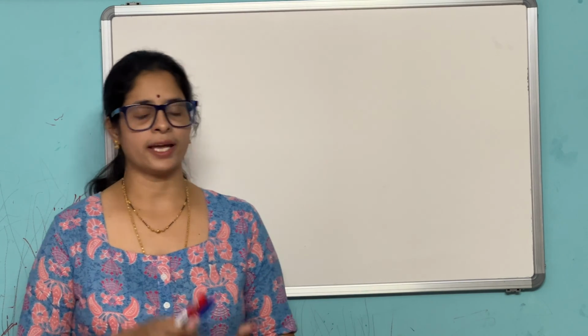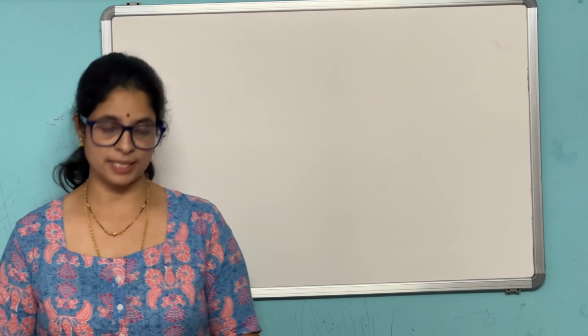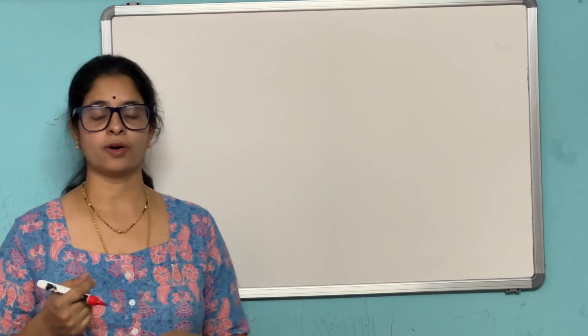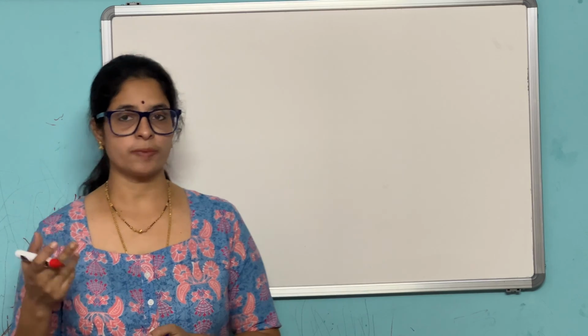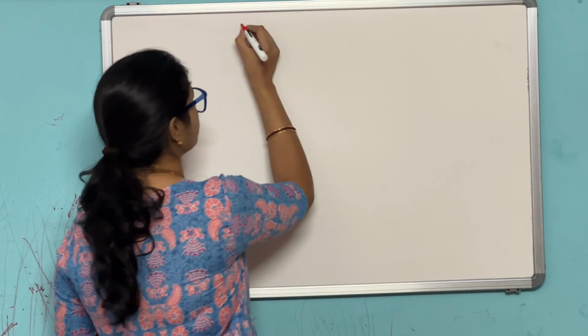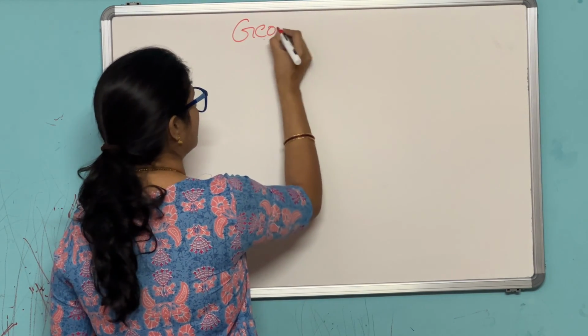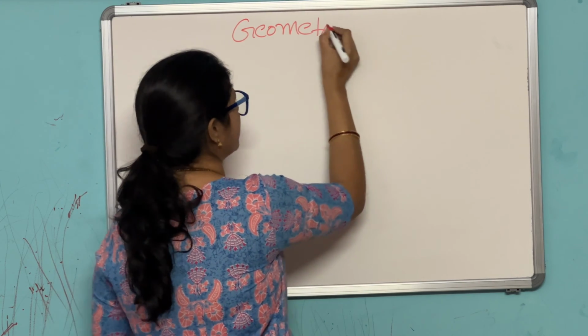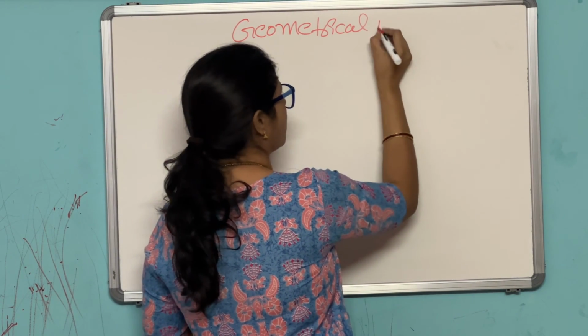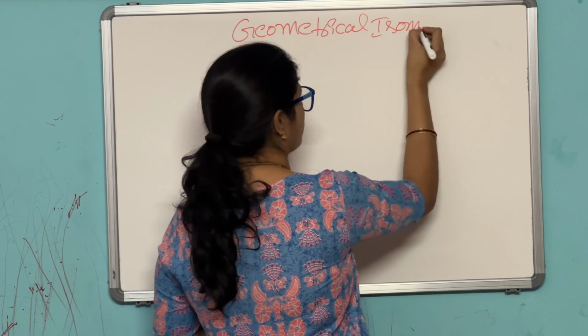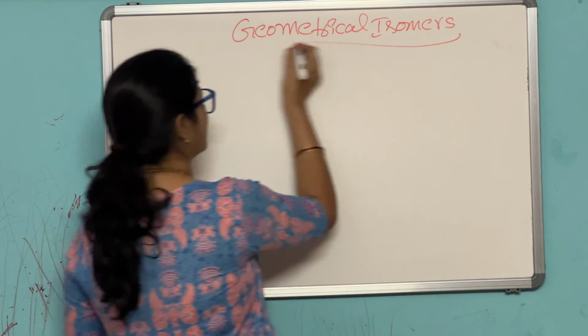Okay, so today in this video we are going to discuss geometrical isomerism. In the last video we discussed conformations of ethane, no? Today we'll discuss geometrical isomerism, or geometrical isomers. What are geometrical isomers?